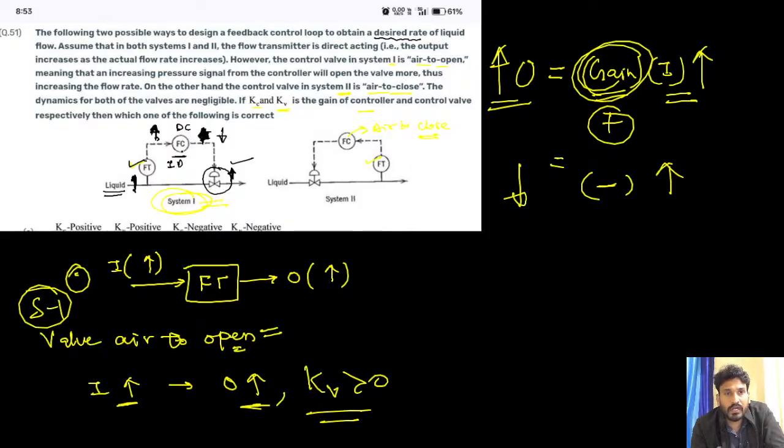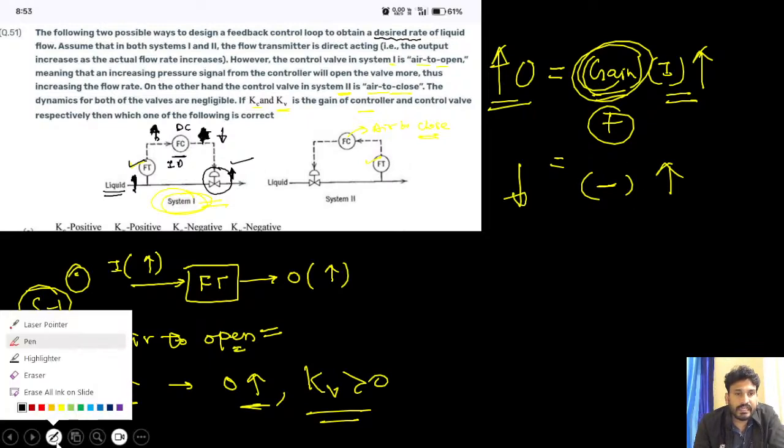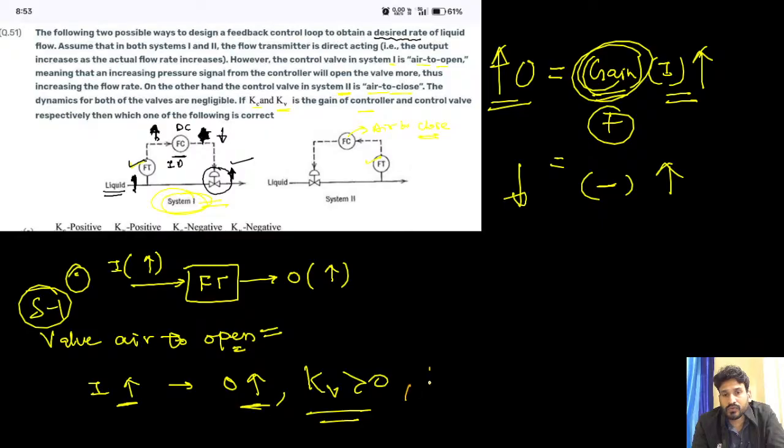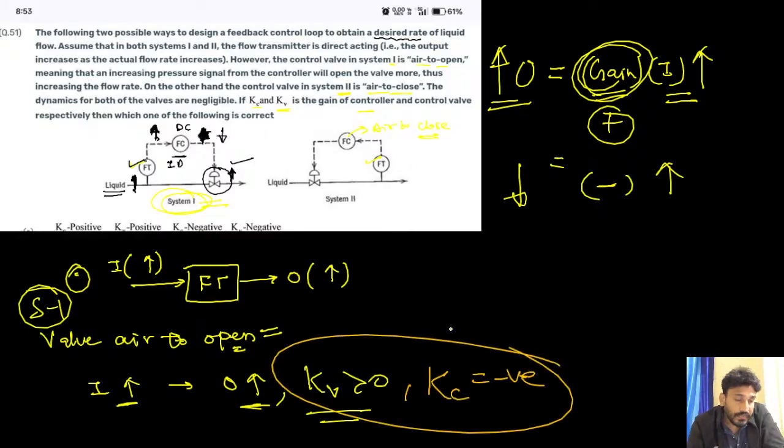So my flow controller output will be decreasing. Means if my input is increasing, output will be decreased. It means its gain must be negative. Its gain must be negative, yes or no? So its Kc must be negative. Is it clear to you guys? Is it clear to you how I choose the value?